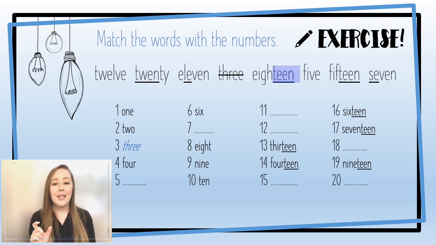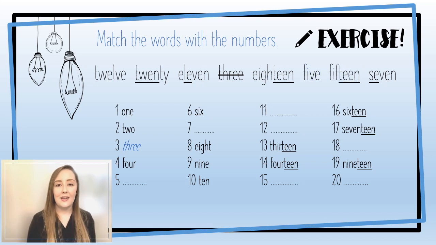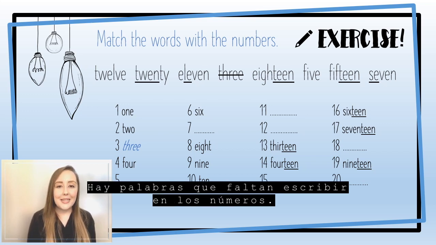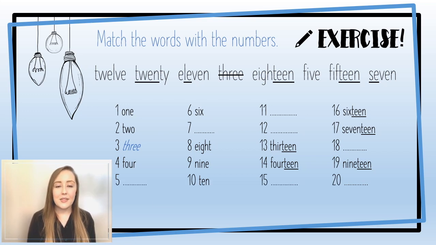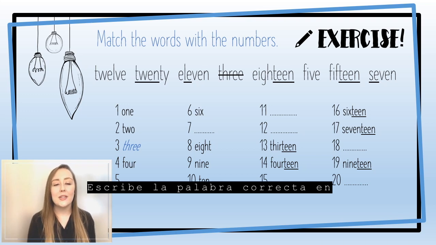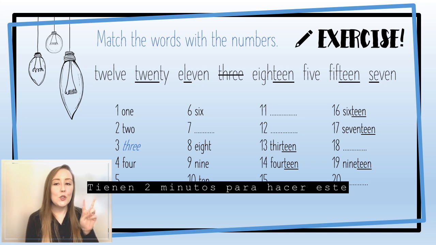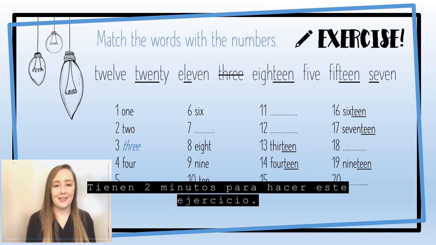So 18, it's the last syllable that is the stressed syllable. 5, 15, 7. Okay, so there are a number of words that are missing from the numbers. Can you write the word next to the correct number? I'm going to give you 2 minutes to do this exercise.